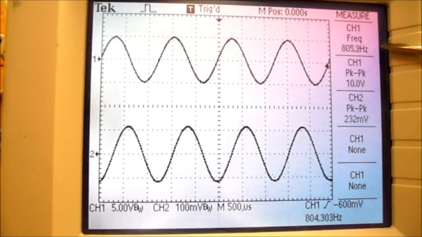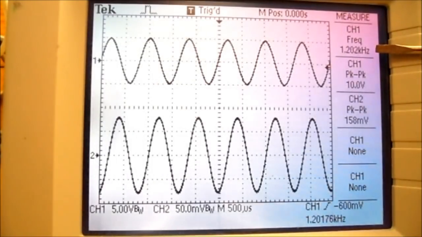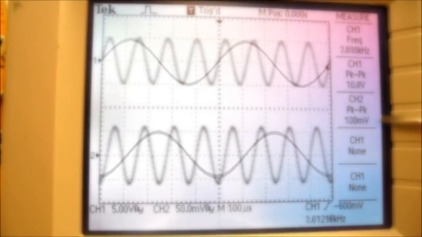Please notice I've changed the volts per division for channel 2 and the seconds per division for my horizontal scale. At 800 hertz, the voltage across the capacitor is 232 millivolts. At 1 kilohertz, it is 192 millivolts. At 1.2 kilohertz, it is 160 millivolts. At 1.6 kilohertz, it is 120 millivolts.